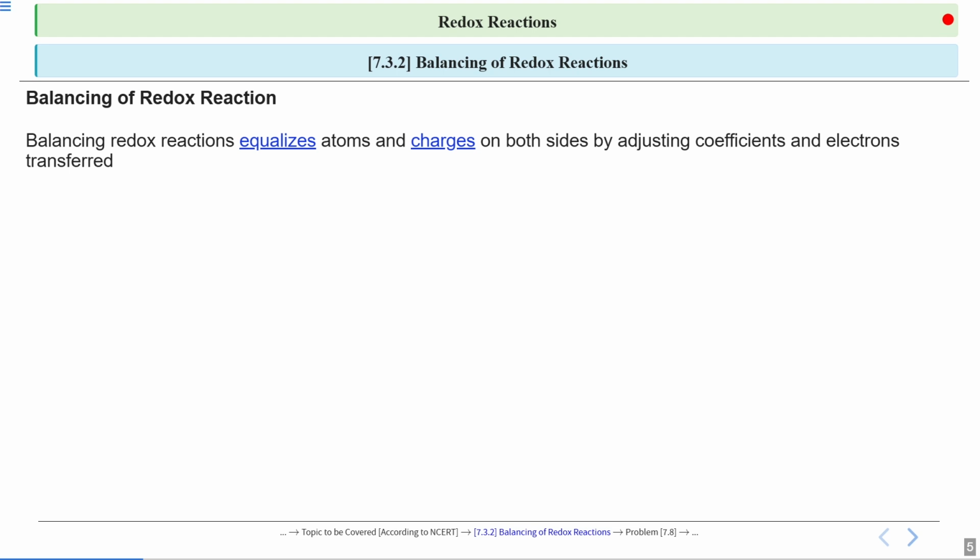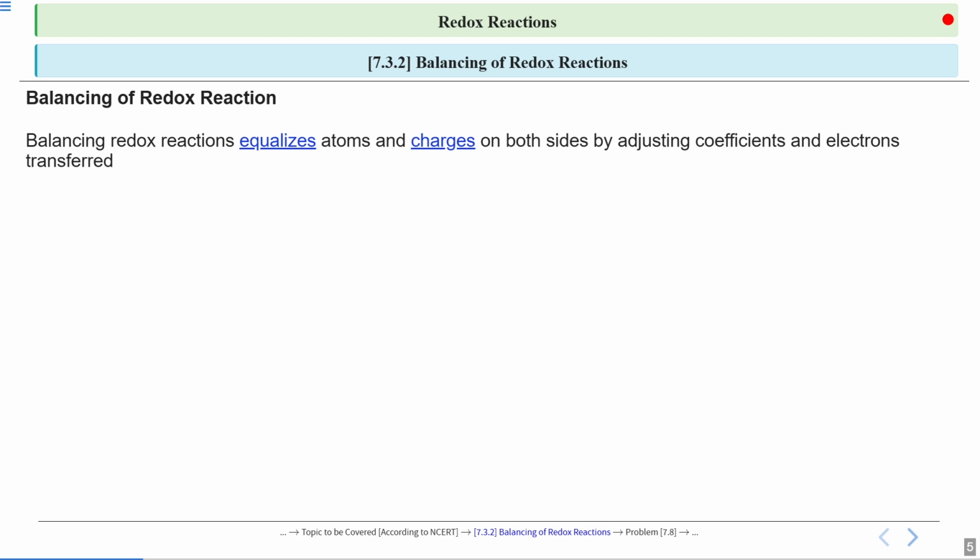By adjusting coefficients and electron transfers, you can equalize the atoms and charges by equalizing the coefficients that you will place ahead of the participating reactants and the products formed. In this way, you will be able to maintain equal atoms on both the sides.